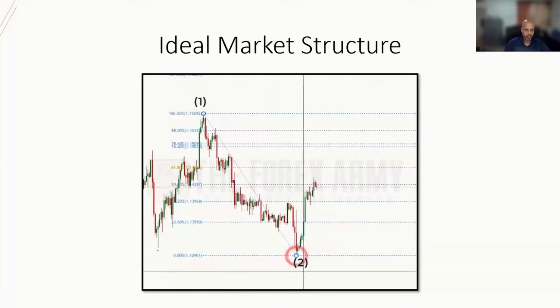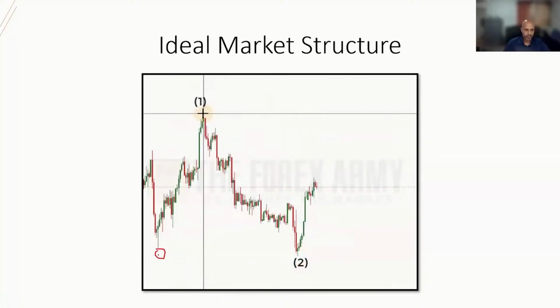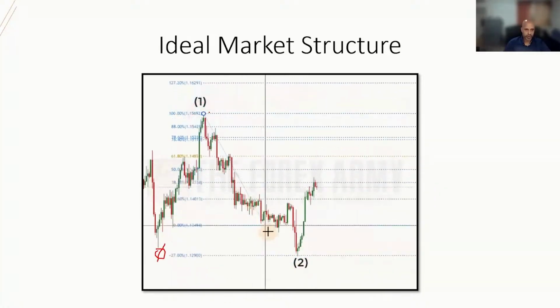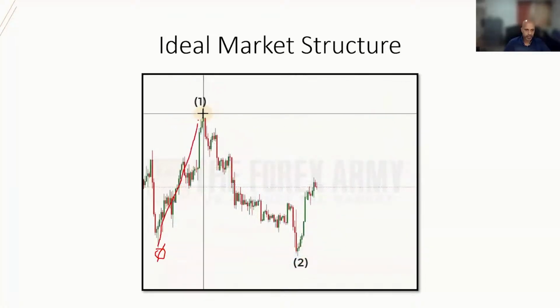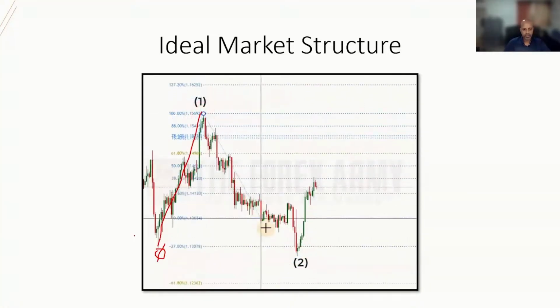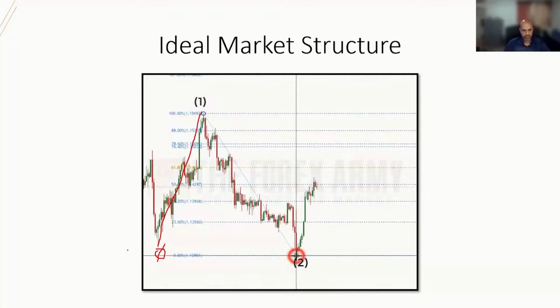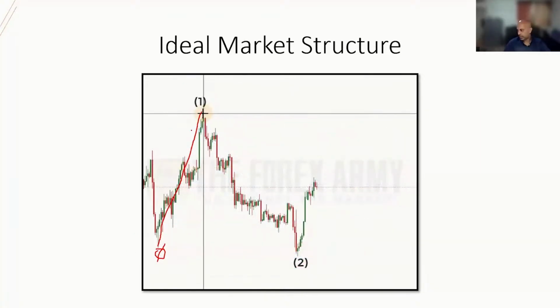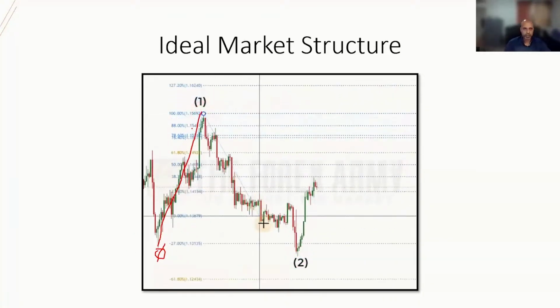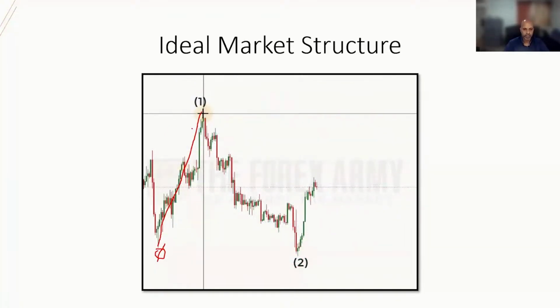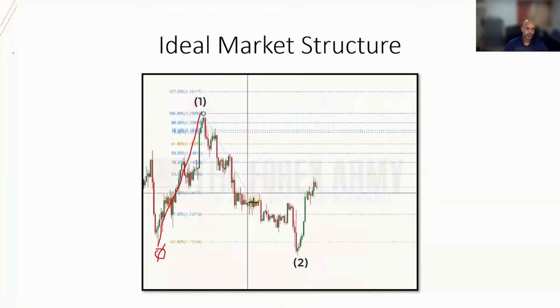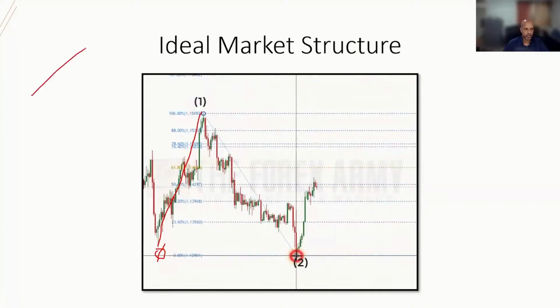Now, similarly, if we had drawn the Fibonacci retracement from point 0 to point 1 here, we would have seen that the trend line would have captured this market structure pretty well, right? So this is what we are trying to emphasize and highlight. Be it for an uptrend or a downtrend, for Fibonacci retracements, we always go from left to right.